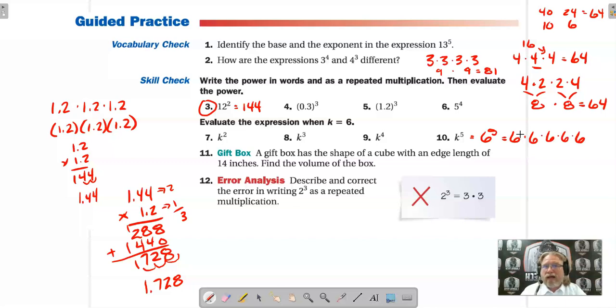I might want to use a calculator for this one. Let me see. These two 6s is 36, and these two 6s are 36, and bring down the multiplication sign. I might want to multiply 36 times 36 and get some number here, and then multiply that number times 6 to get that answer there.